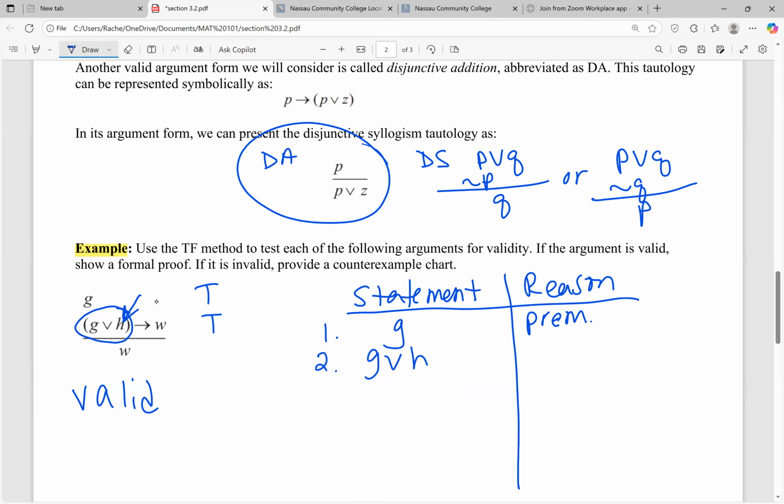And that's because of the disjunctive addition on reason one. So I was able to take G and join it with H and it's still going to be true because G is true. That's how this disjunctive addition works. If I have a simple statement, I could create a disjunction with another simple statement or variable and it's still going to be true.